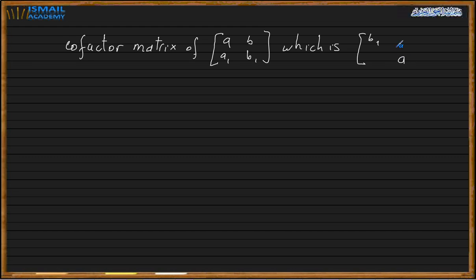So you switch the diagonal and you take the opposite of the opposite diagonal. It's that simple. So this is the transpose of the cofactor matrix of that matrix.